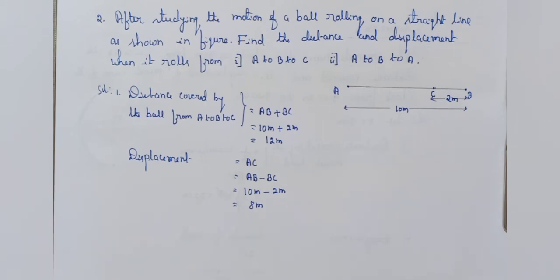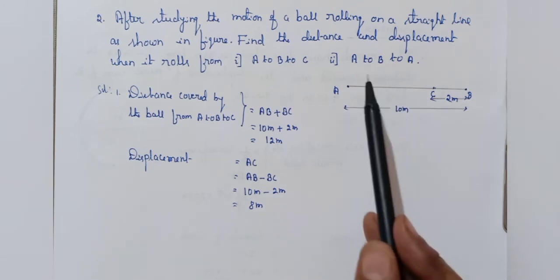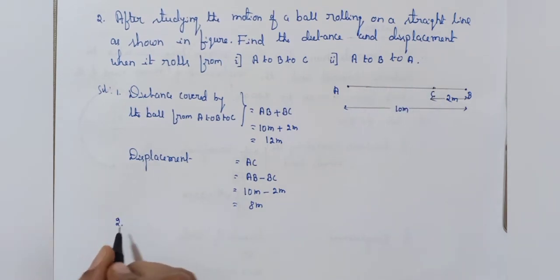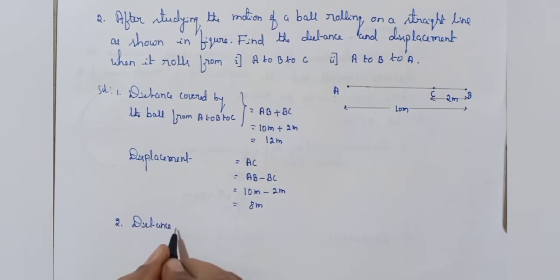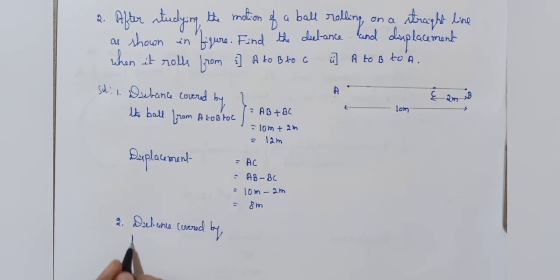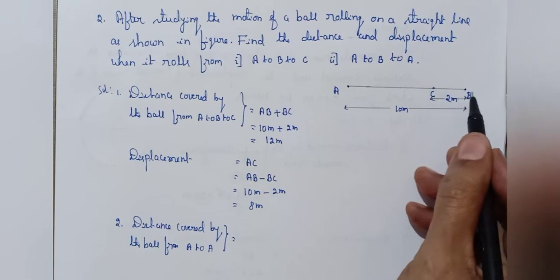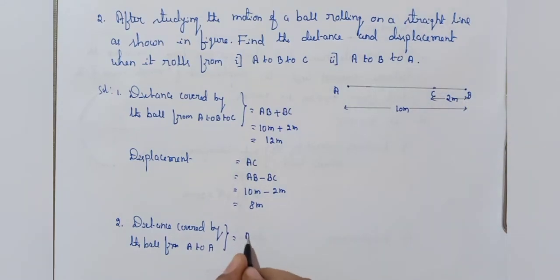Next, the distance covered by the ball when it rolls from A to B and B to A, we can write it as A to A. So when it is rolling from A to B and B to A, the distance covered is AB plus BA.